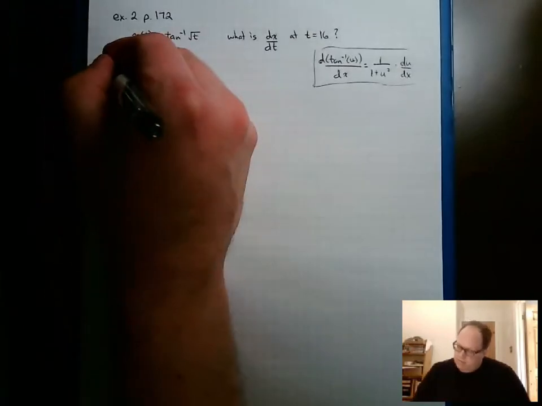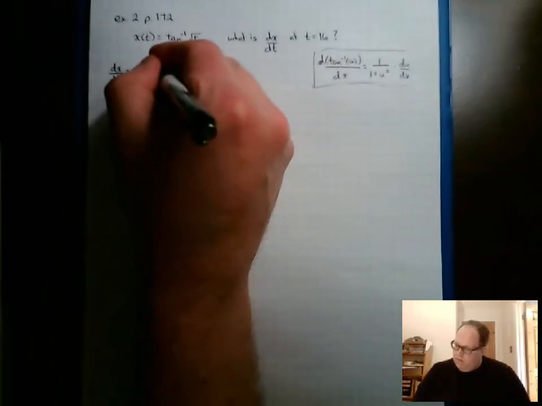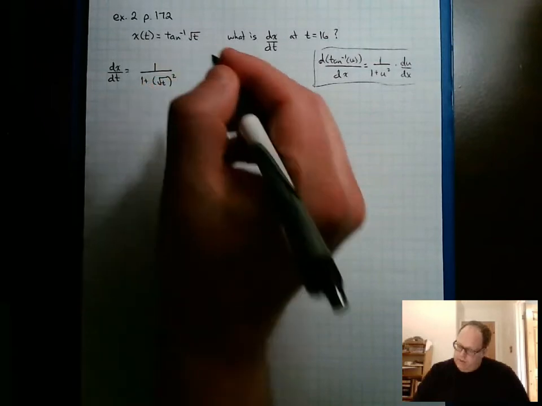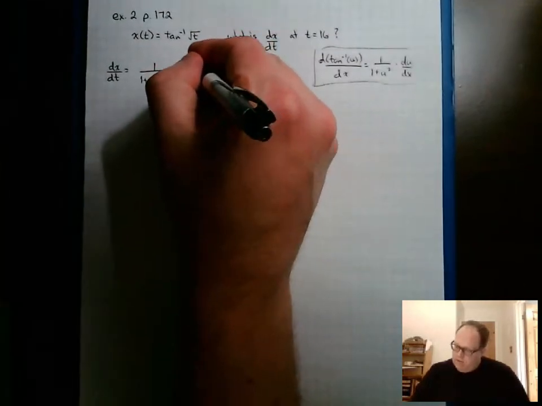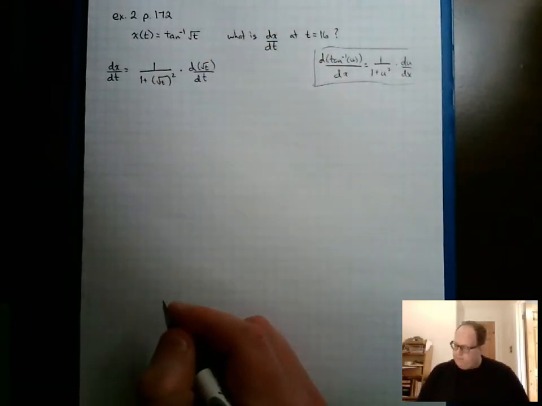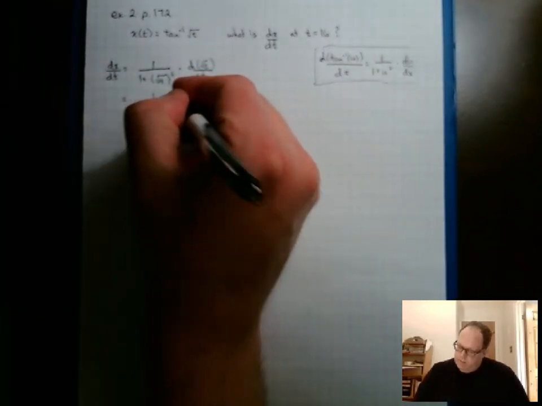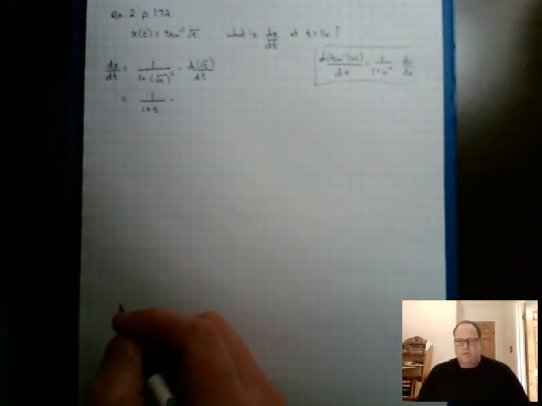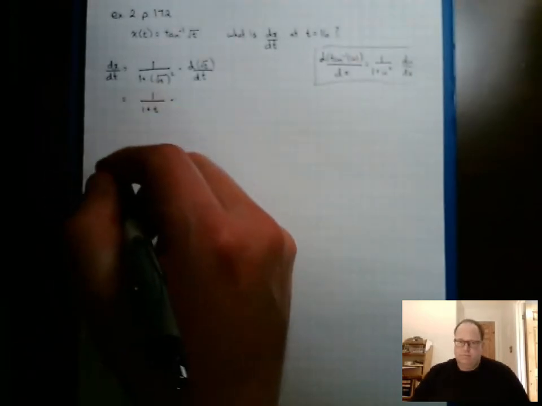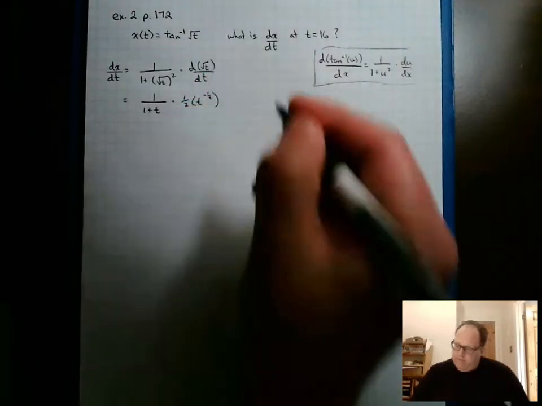So in this case, dx dt is going to be 1 over 1 plus root t squared times the derivative of root t with respect to time. With some simplification, this becomes 1 over 1 plus t, and the derivative of root t with respect to time would end up being 1/2 times t to the negative 1/2.